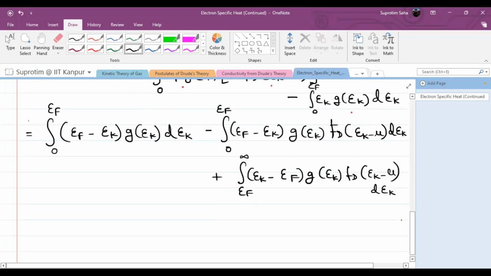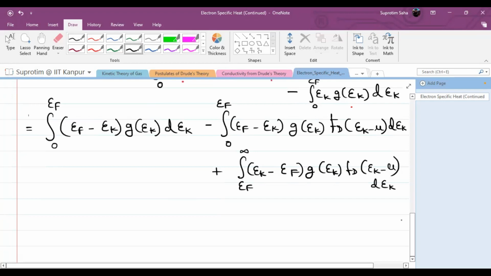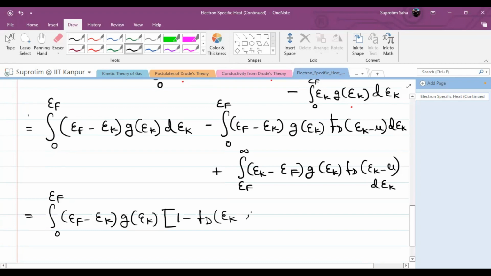Fair enough. So if you see, we can use the first two terms as two common terms. So let me just write. So 0 to EF, epsilon F minus epsilon K, G of EK, and 1 minus Fermi-Dirac epsilon K minus mu, D of EK, and the term EF to infinity, just bookkeeping stuff.